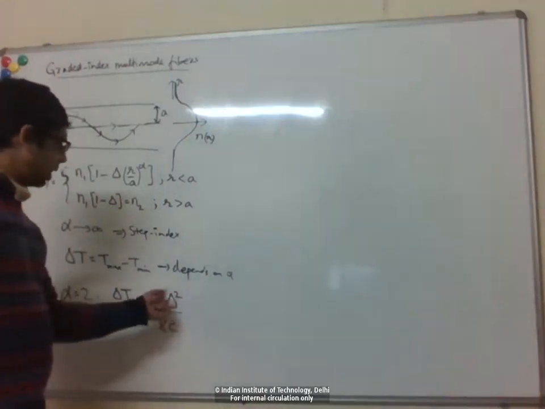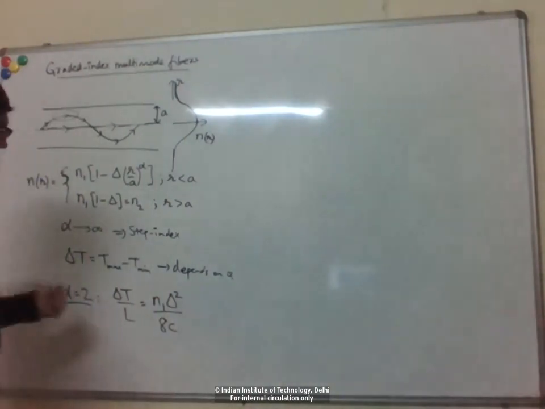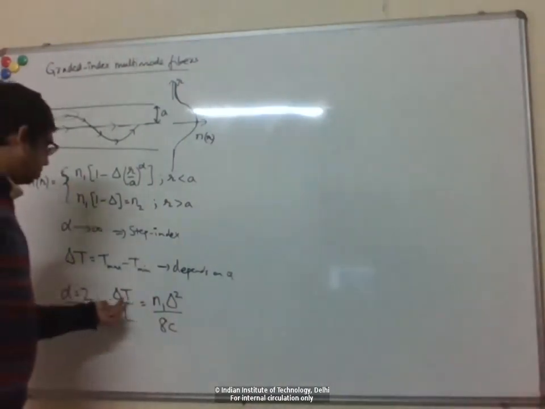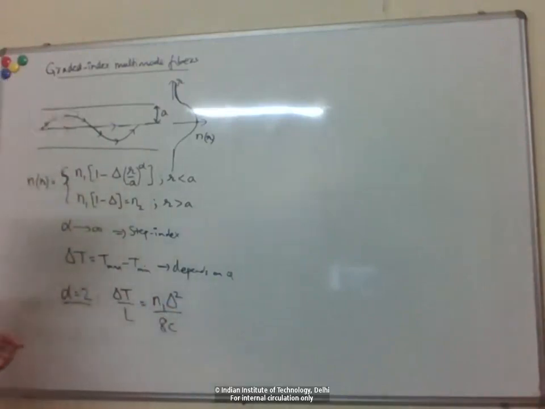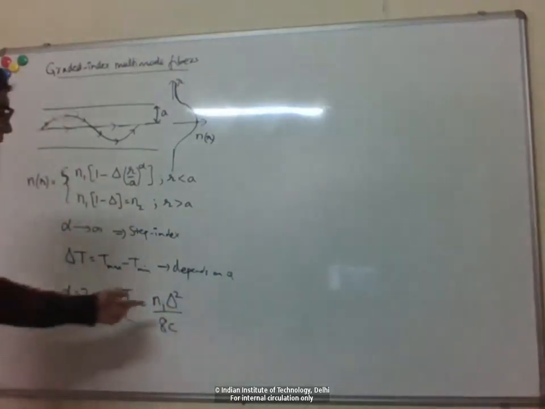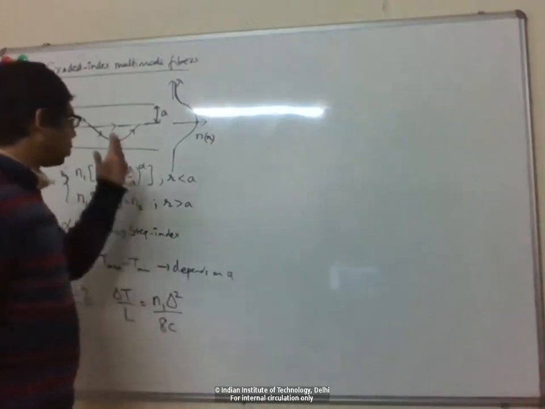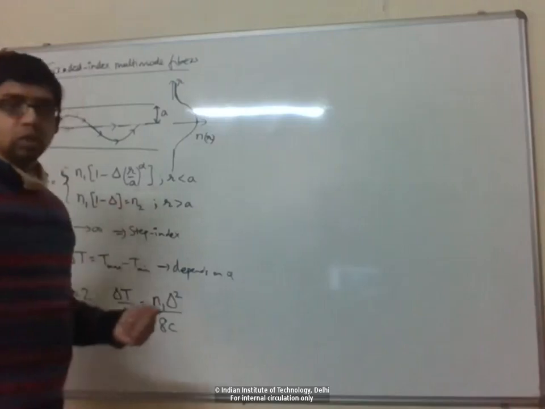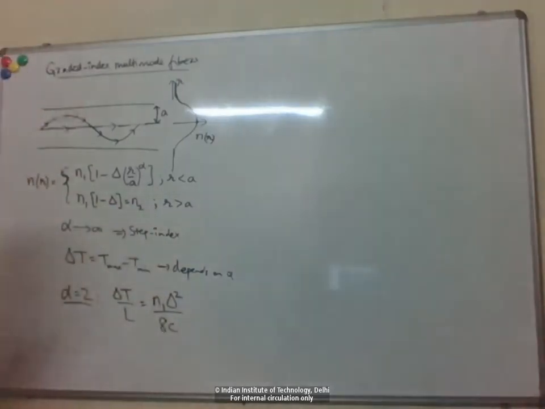Now here you are getting delta square. So how does this help us? Recall that delta was very small, right? For optical fibers, delta is much smaller than 1. For multimode fibers, we saw it was around 10 to the minus 2, right? So once you have delta square, it's a small number squared, so that's even smaller. That's how it helps.